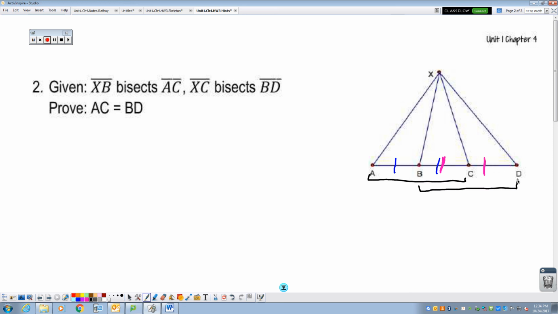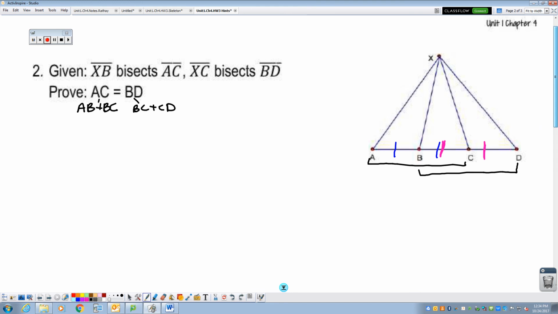Now the first thing I notice when I look at this is that AC is equal to AB plus BC. It's the sum of the parts. This is AB plus BC. This is BC plus CD. Once I see that, my brain is already thinking sum of the measures of the parts. So this is an addition proof. We're going to have to add some pieces together.